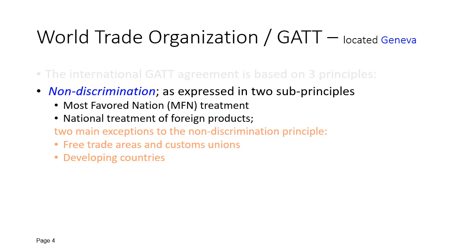What they're saying is that if I allow some trade concession for another country, my country needs to allow that same trade concession for all other members of the World Trade Organization. So if I decide I'm going to drop my tariffs as South Africa for Zimbabwe, then automatically for every other country that is part of the World Trade Organization, I need to also drop my tariffs to that same rate that I'm giving Zimbabwe.